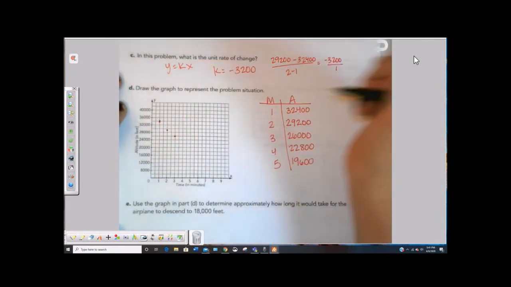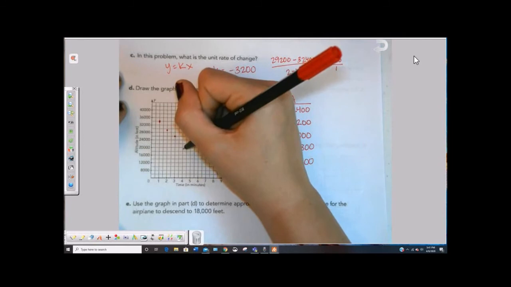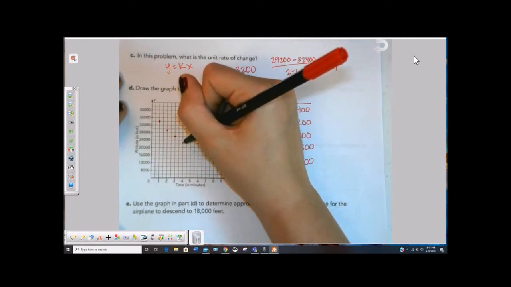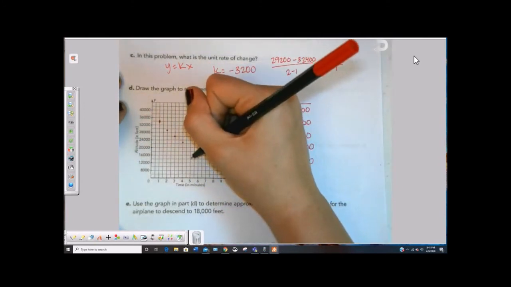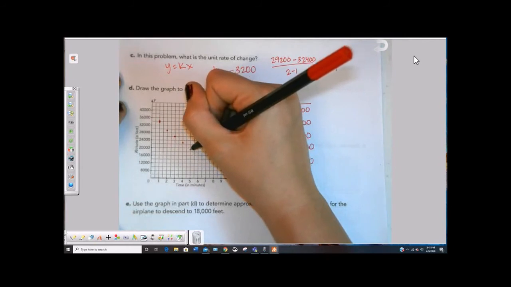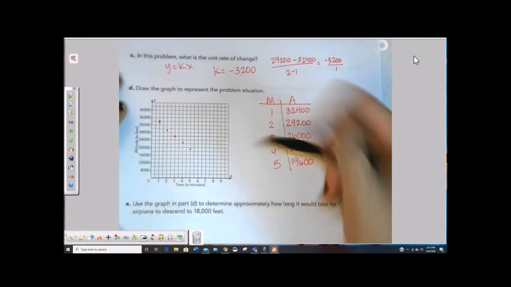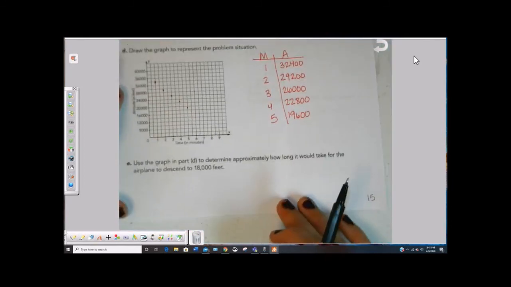That looks right. Number 3 is 26,000. 4 is 22,800. 5 is right there. So you'll see that it's going down in a straight line.